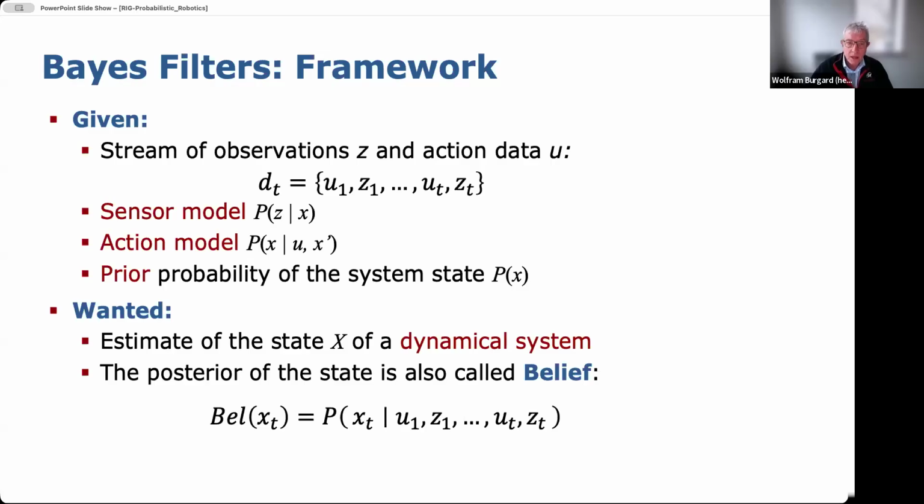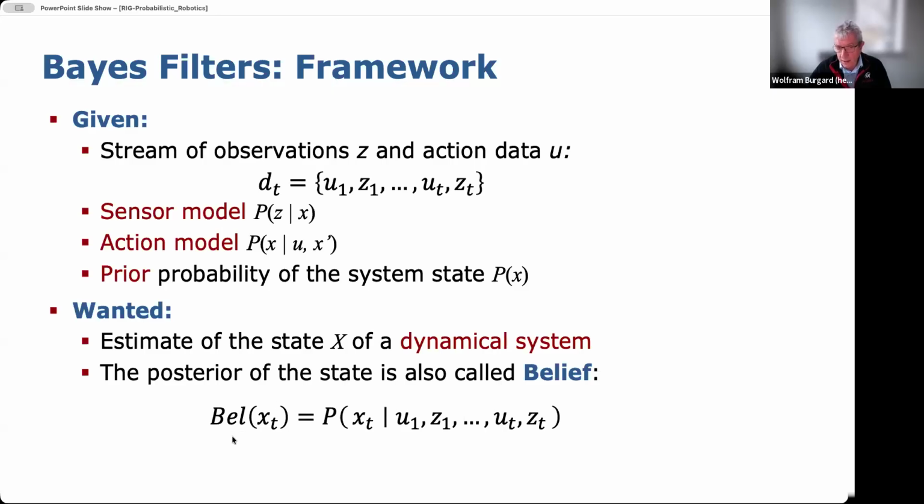And then in the end we also need the prior, the initial distribution, but there, as we will see later, we can often assume that we have no information, in which case this is just a uniform distribution. What we are interested in now is estimating the state of a dynamical system, and throughout this course we will call this the belief.